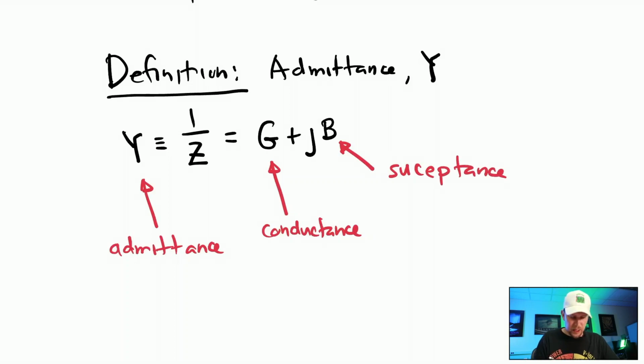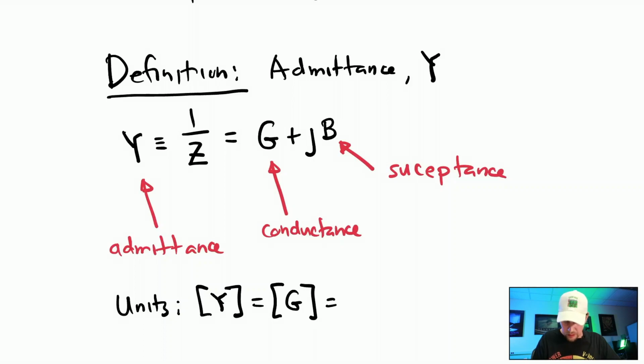Keep in mind that the units for all three of these, admittance, conductance, and susceptance, are the same. They're the inverse of ohms, which also goes by another name. So the unit of admittance, the unit of conductance, and even the unit of susceptance is 1 over an ohm.